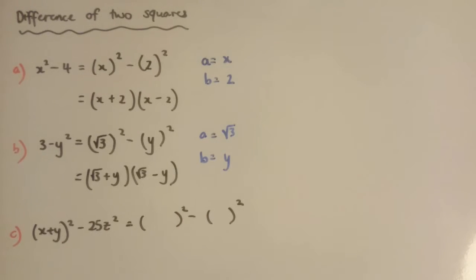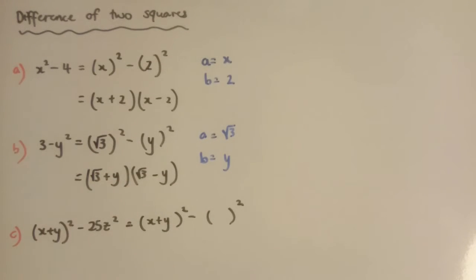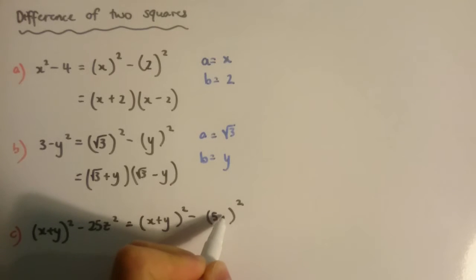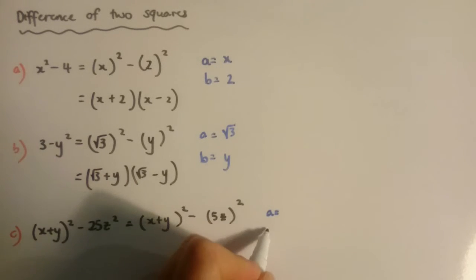The first one's super easy. It's already in that form for us. It's x plus y all squared, so nothing has to change there. Our second one is 25z squared. So what has been squared to give us that? 5z all squared. Again, we're going to go off to the side and think about our two terms.